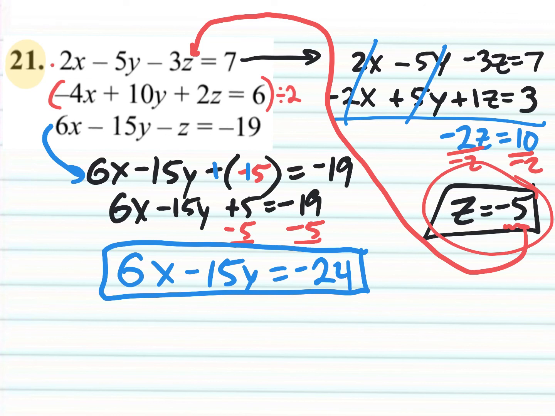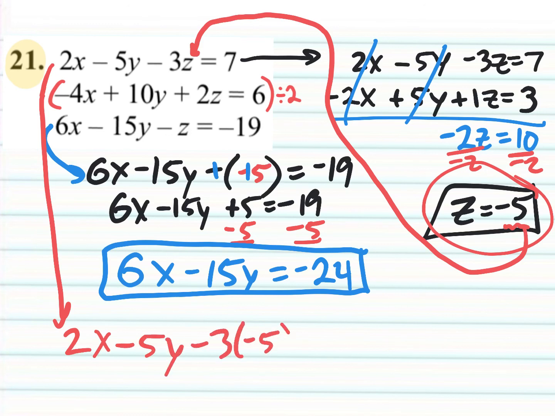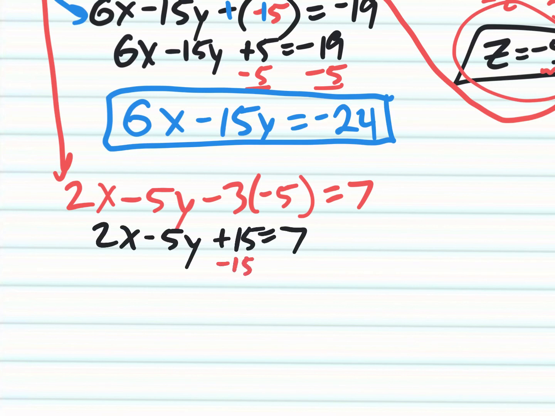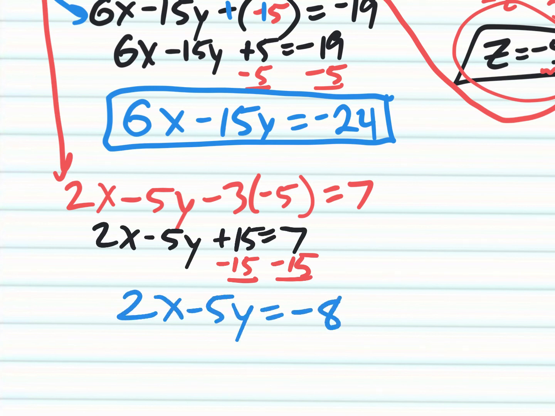Okay. So here goes, let me just write it down here. It's 2x minus 5y minus 3 times -5 equals 7. And now let's simplify this. We're going to have 2x minus 5y plus 15 equals 7. Minus 15, minus 15. That'll give us 2x minus 5y equals -8.